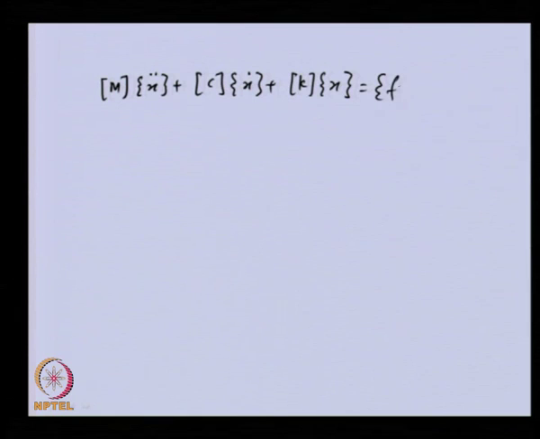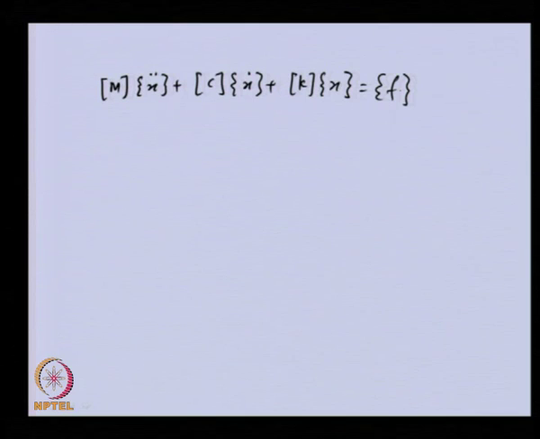So, these equations we can put in a matrix form like this: mass matrix, damping matrix, and then stiffness matrix is equal to the external force, which is due to the unbalanced force.